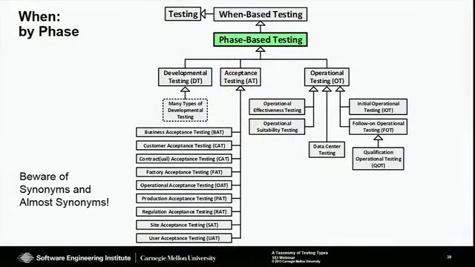You have operational testing after the system exists and is being placed in operation, or at the very least is more or less ready to be placed in operation, and it's perhaps in the staging environment, but it's in an environment that is operationally very similar to the actual environment. And then in the middle, you have acceptance testing. One thing I'd point out here is that there are a ton of different kinds of acceptance testing. There's a lot of overlap between them. Some of them have the same acronyms. It's very easy to get confused between the different kinds of acceptance tests.